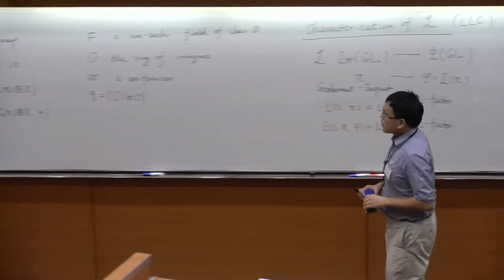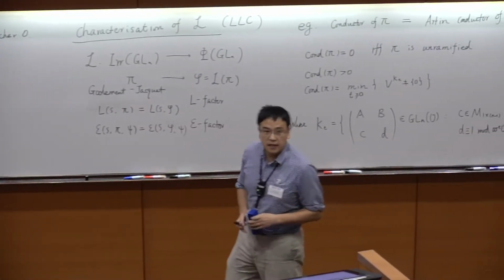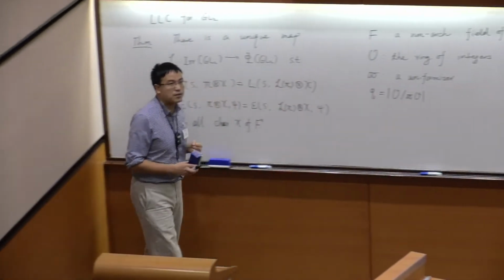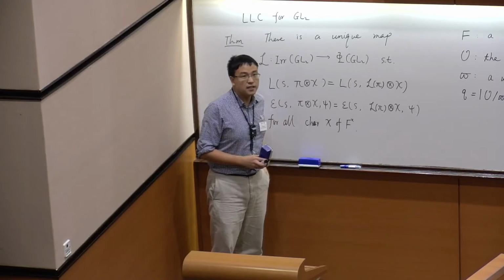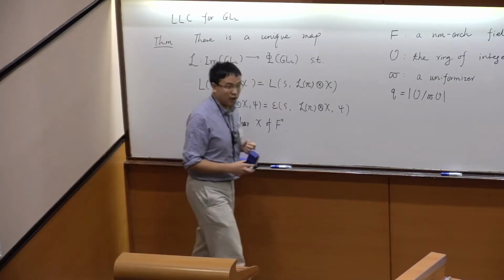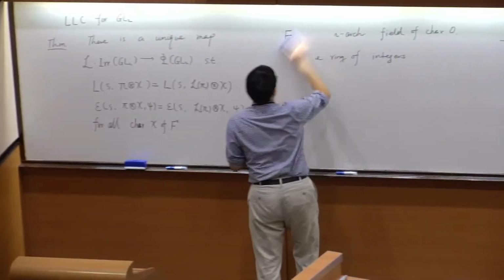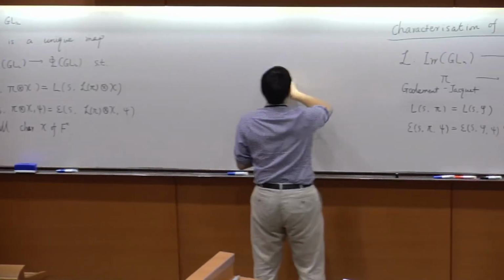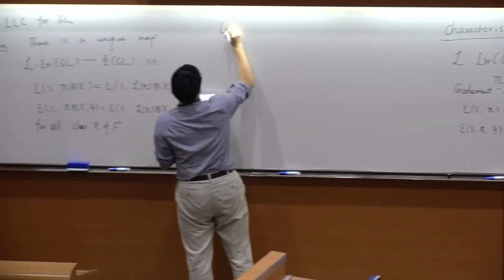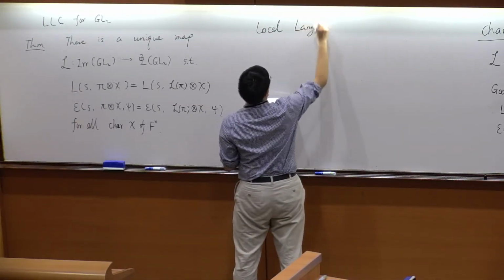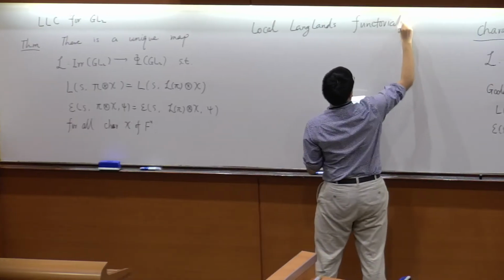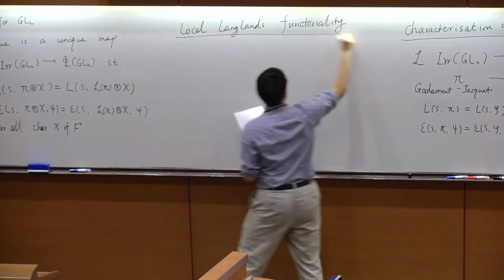Now let's see why we need to twist by GL1. One reason, of course, is that you have the converse theorems, which help us determine that this is going to give us the unique map. Another point of view is to use Langlands functoriality.